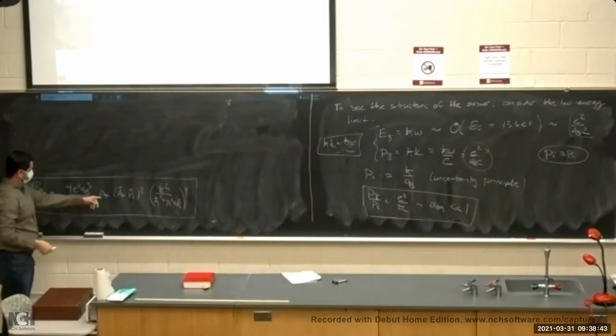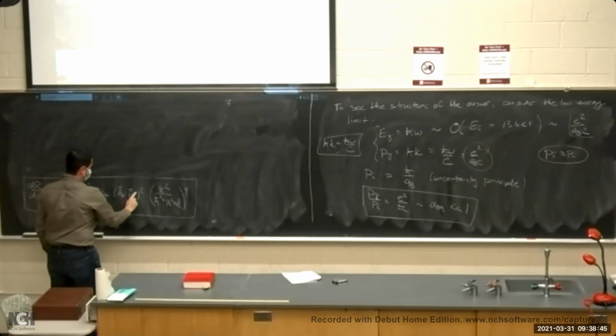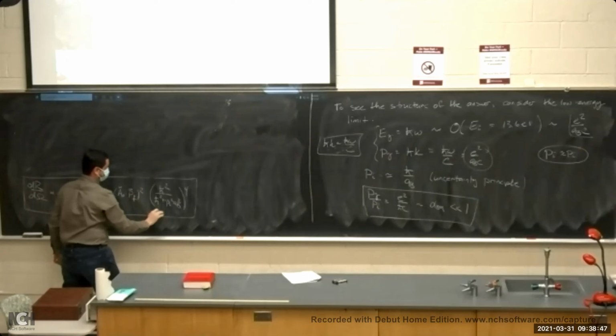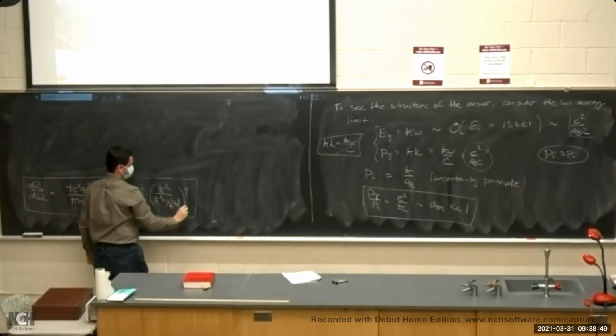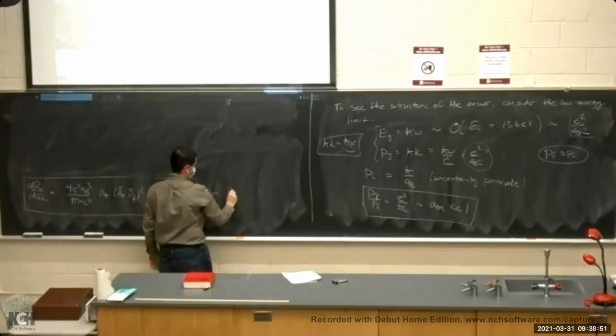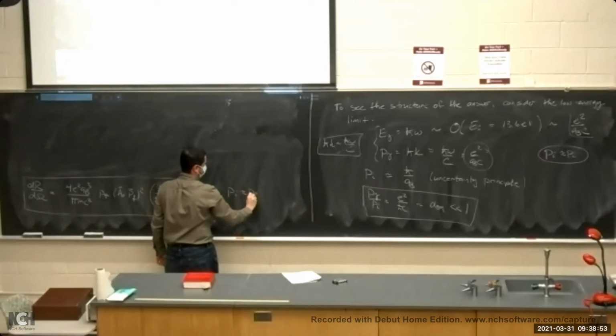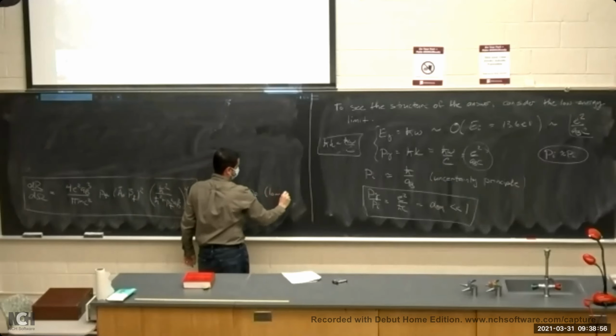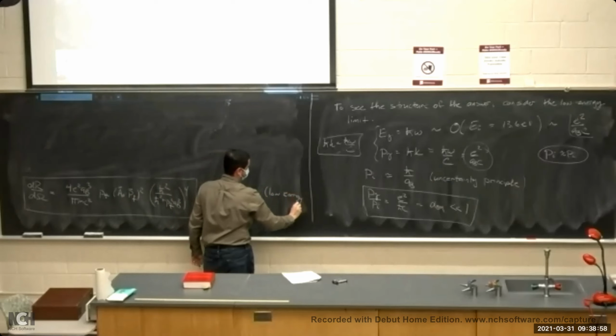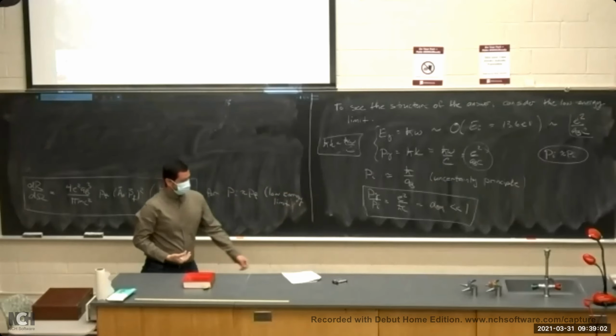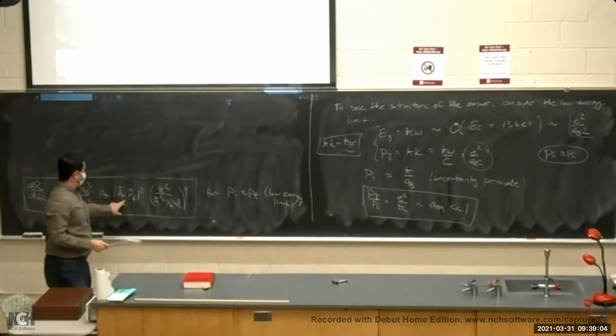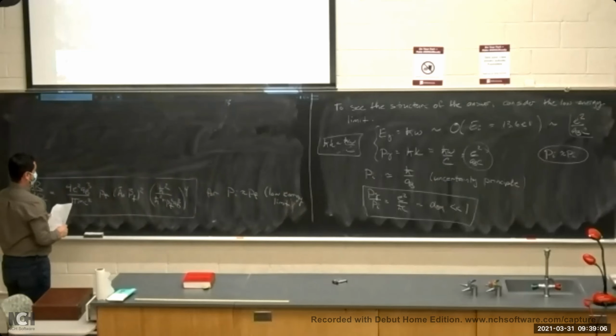So I think what I'll do is I'll just take this formula and everywhere I have PF or PI, I'm going to replace it by PF. Okay, and now it's easy to plug in and see what the angular dependence is.